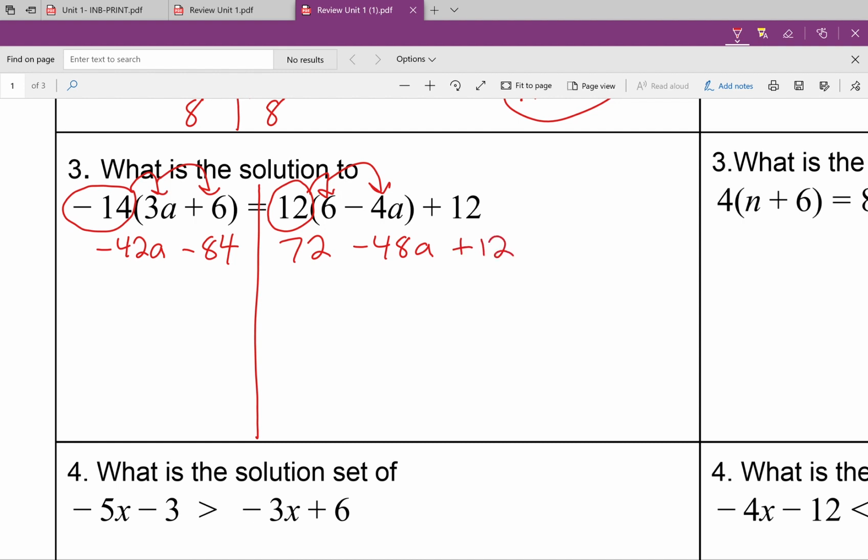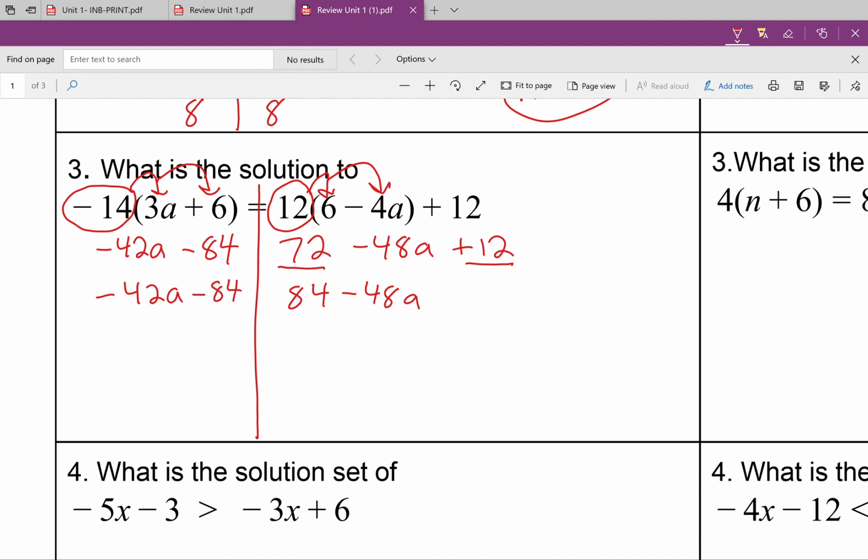Notice on the right side that I can combine these two numbers because they're like terms. So 72 plus 12 is 84. And then I'm going to bring down everything else. I'm going to bring down this -48a, bring down this -42a, and then this -84.